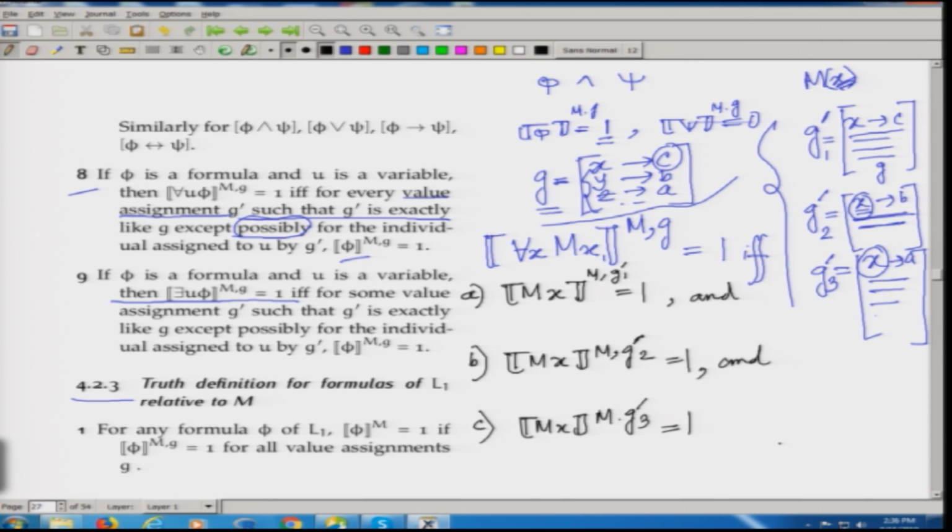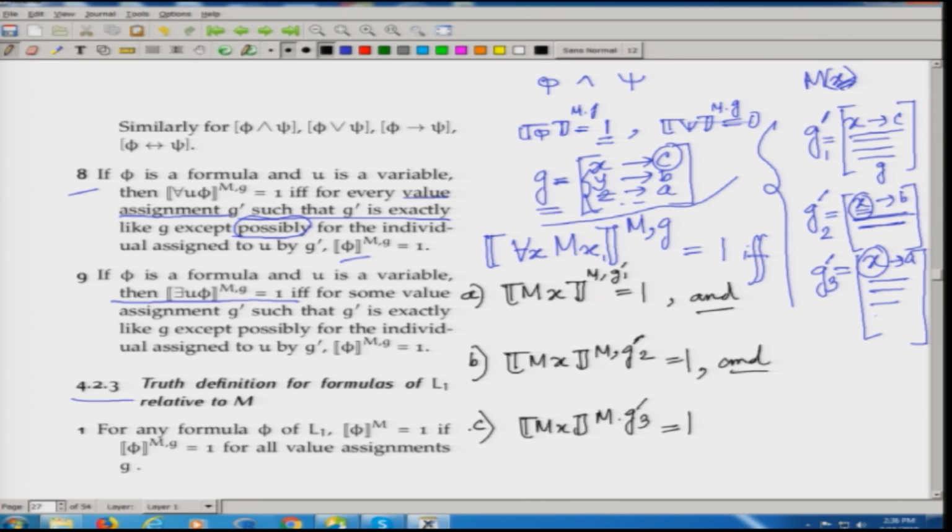Because there is an AND, we must satisfy each condition, A, B and C. We shall see whether all these conditions are satisfied.